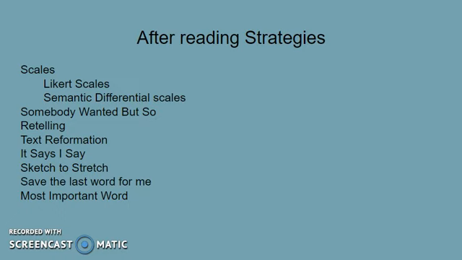Or, for instance, if it was a nonfiction text, you would rewrite this text as if it were a fiction text, or vice versa if it were a fiction text, you write it as a nonfiction text or something like that.